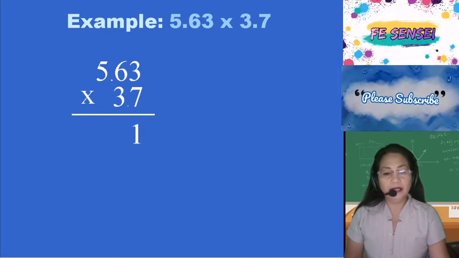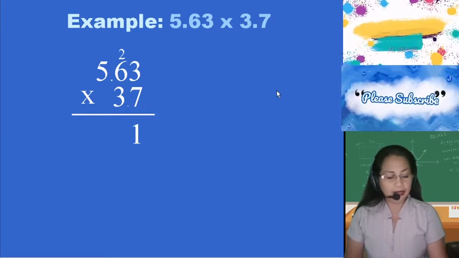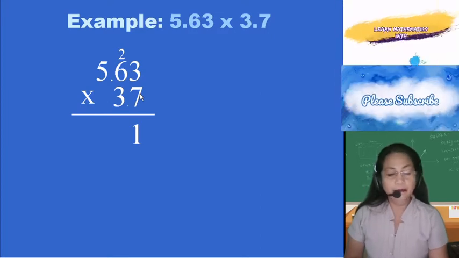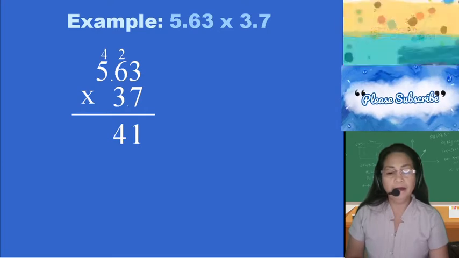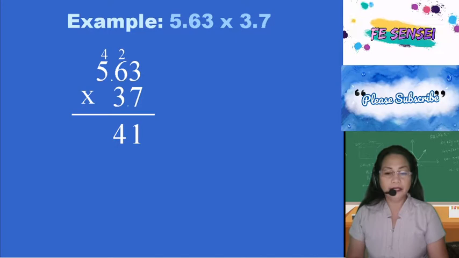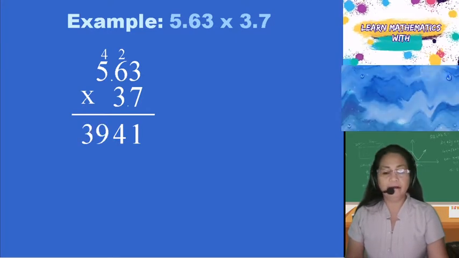So, write 1, then carry 2. 6 times 7 is 42, plus 2 is 44, carry 4. 7 times 5 is 35, plus 4, it is 39.